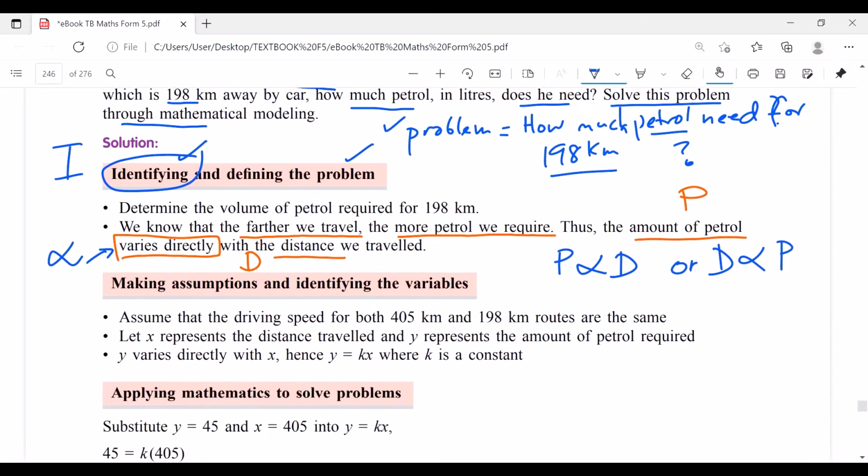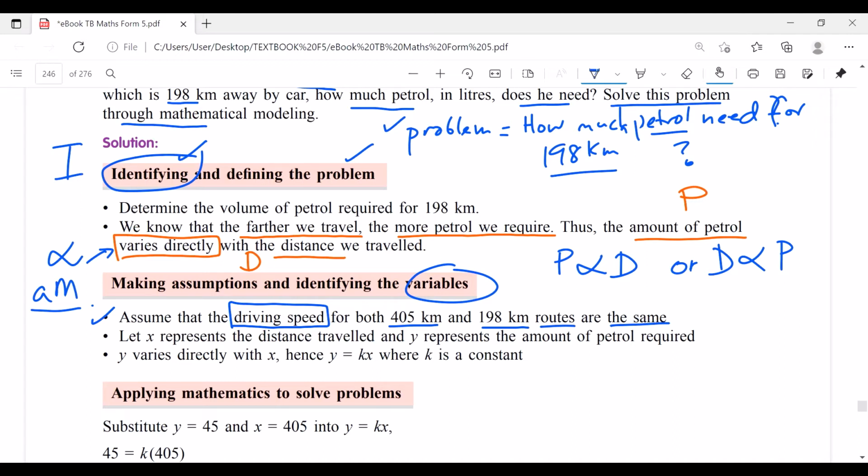Okay, so the second one is making assumptions, and then you identify the variables. What do you assume? You assume that the driving speed for both the routes is the same, because we are concerned about the petrol.